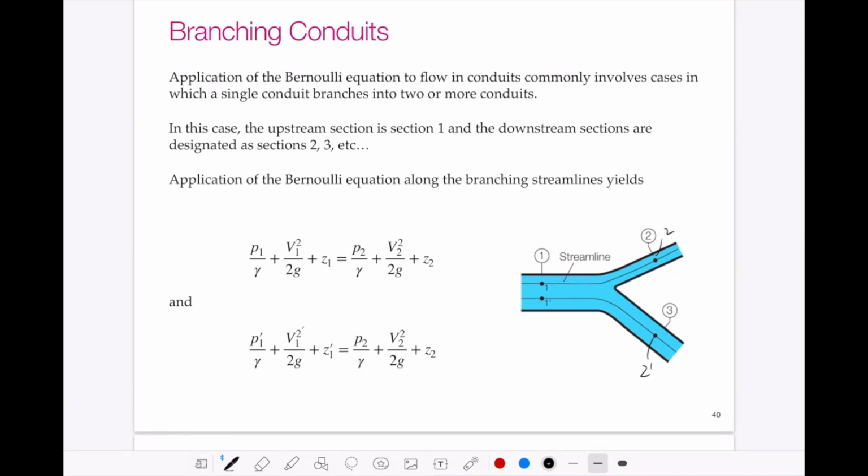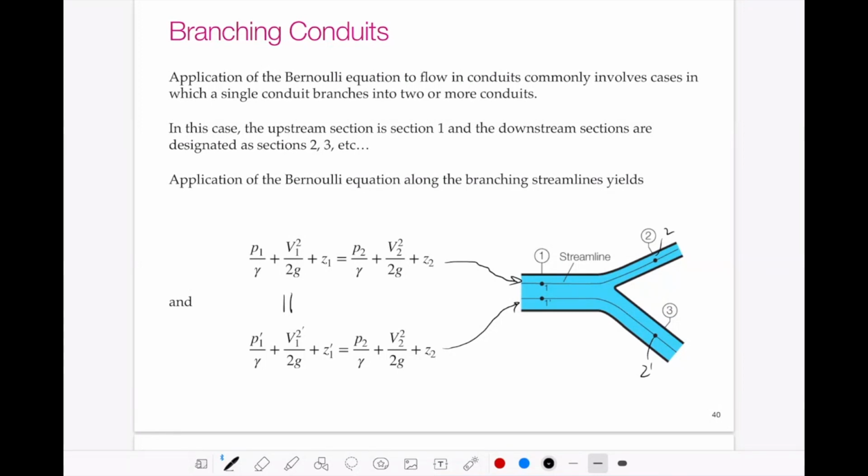So we can write Bernoulli's equation along each of these streamlines, which is streamline 1 and streamline 2. And if we recognize that at point 1, if we have uniform steady flow, these streamlines are also equal.